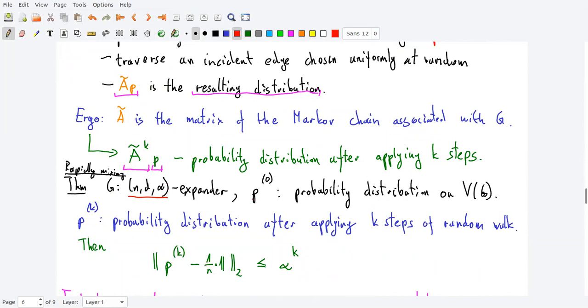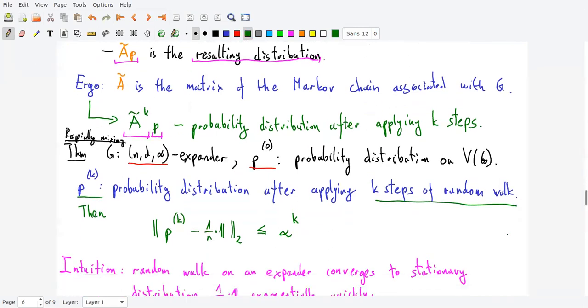And you've got some original probability distribution on the vertices. Maybe there's simply one vertex that you put the agent on deterministically, but in general there can be various probabilities of various vertices. And let Pk be the probability distribution after applying K steps of the random walk.